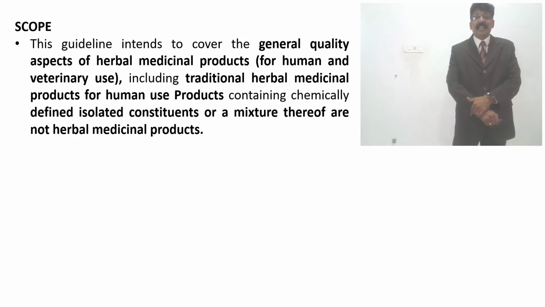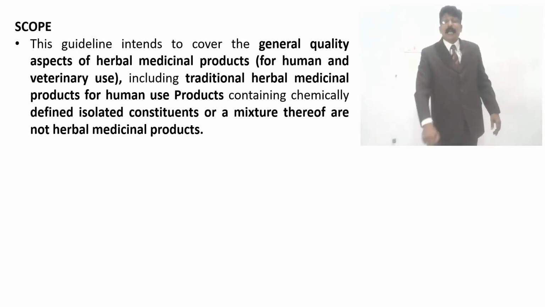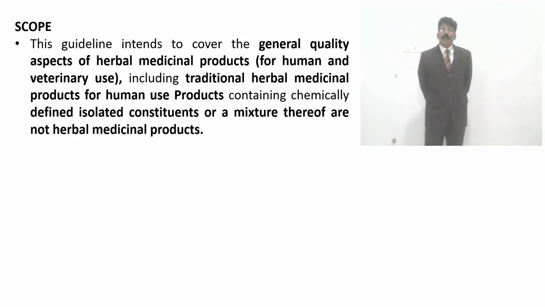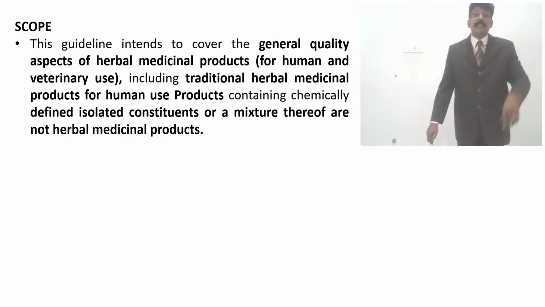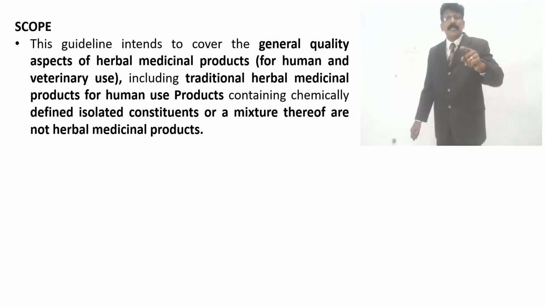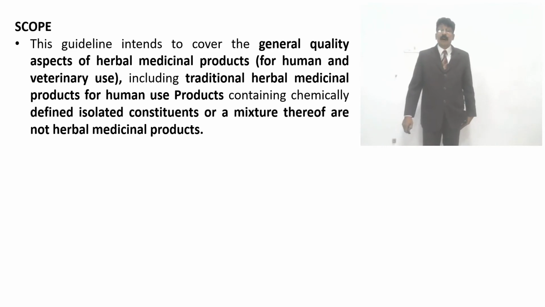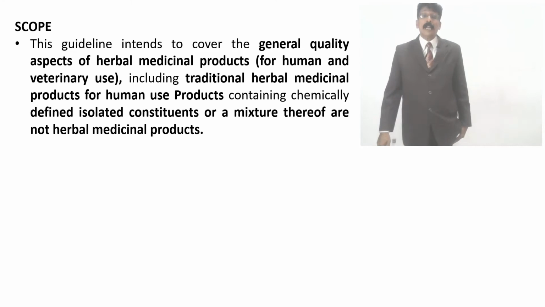The guidelines intend to cover the general quality aspects of herbal medicine products for human and veterinary use, including traditional herbal medicine products for human use. Products containing chemically defined isolated constituents or a mixture thereof are not herbal medicine products.